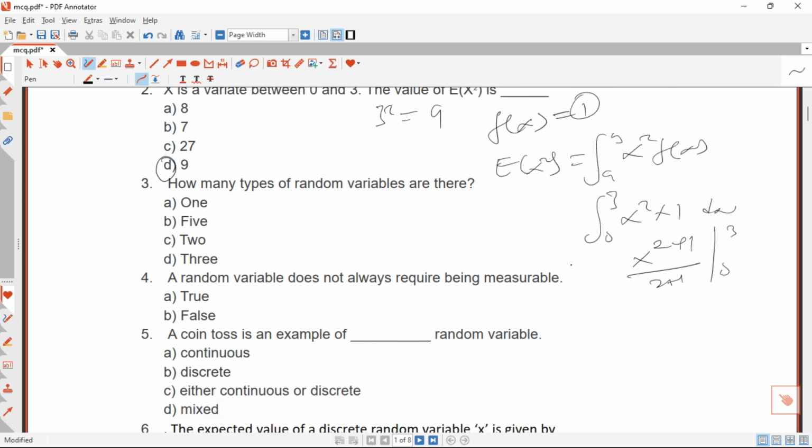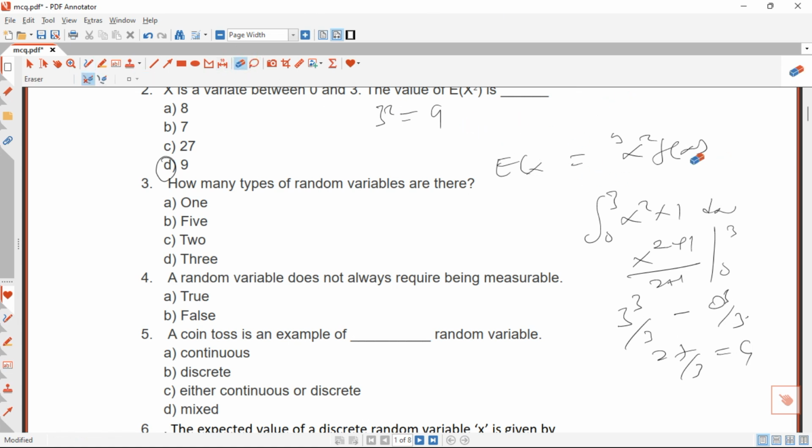Substituting, we get 3 raised to the power 3 divided by 3 minus 0 raised to the power 3 divided by 3, which is 27 divided by 3, and the answer is 9. I think the first method is simpler than integrating, so I will entreat you to use the first method.